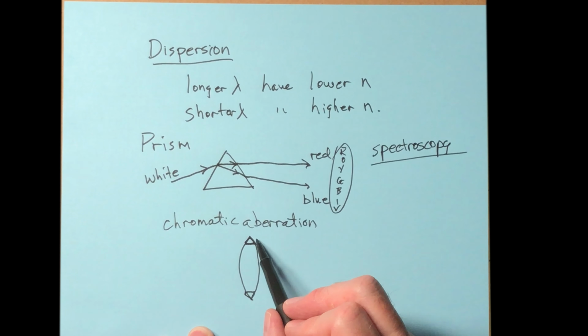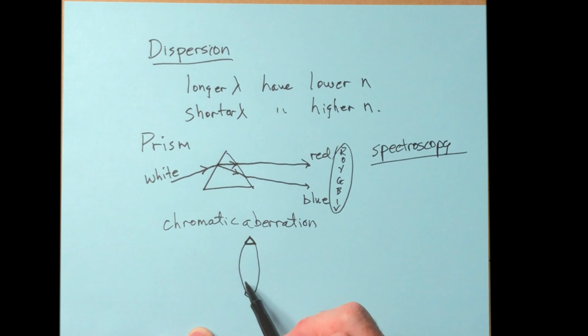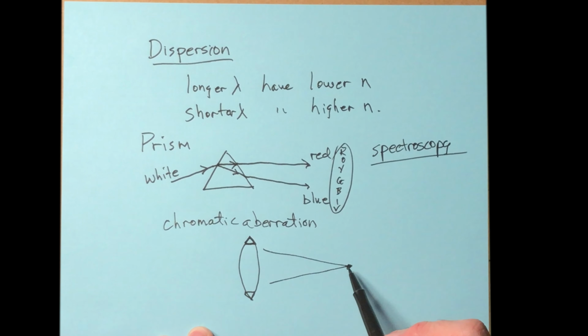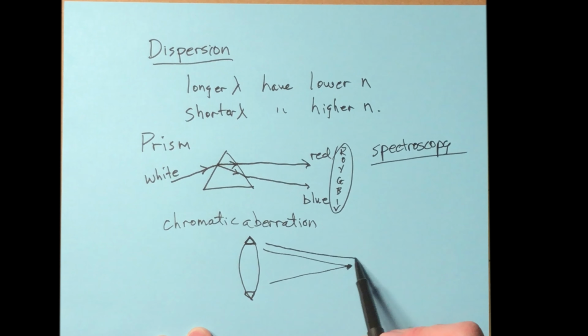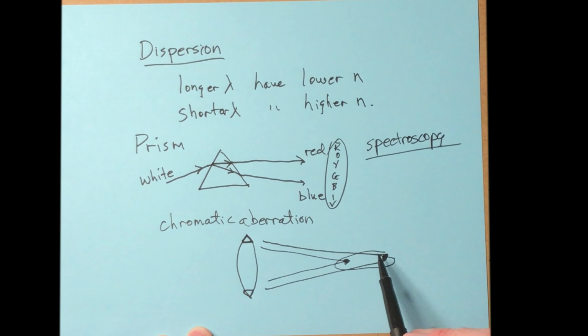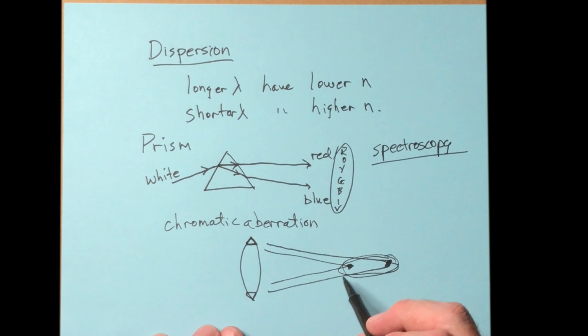So what does that mean? That means that, let's say this is an eyeglass that you wear, the whole point is to bring light to a focus, to a point, so that you can see better. It corrects your vision. But if you have one color focusing back here and another color focusing up here, then you end up with a blurred image back here.